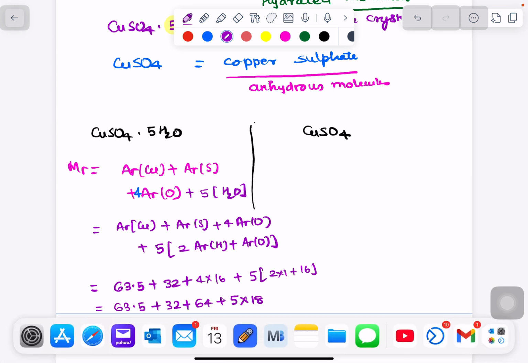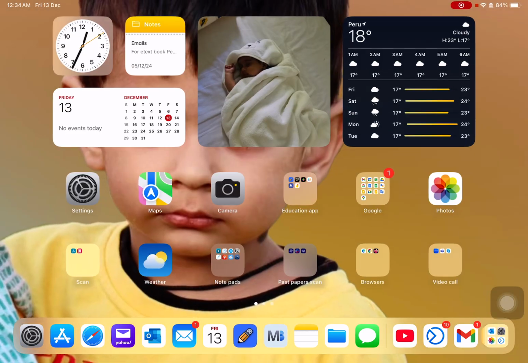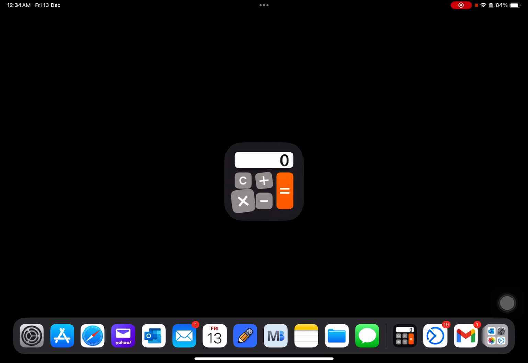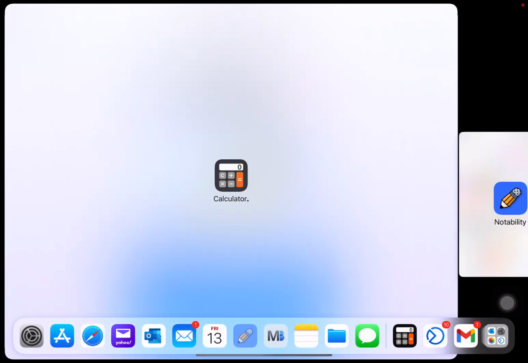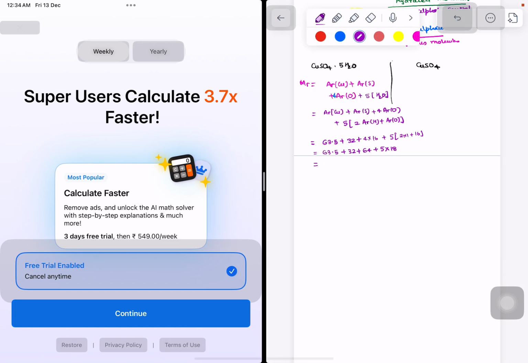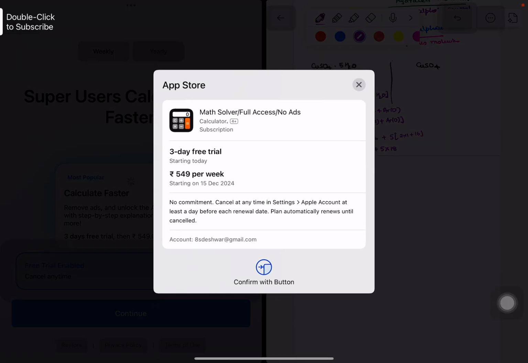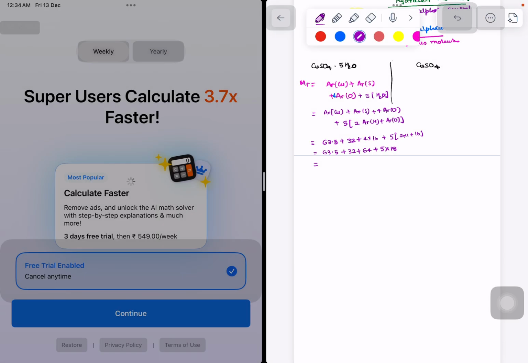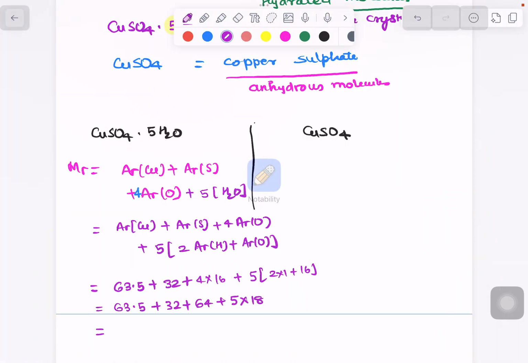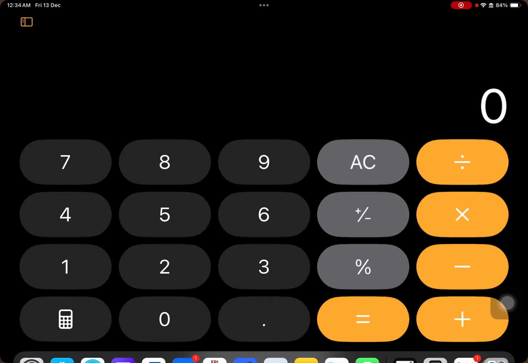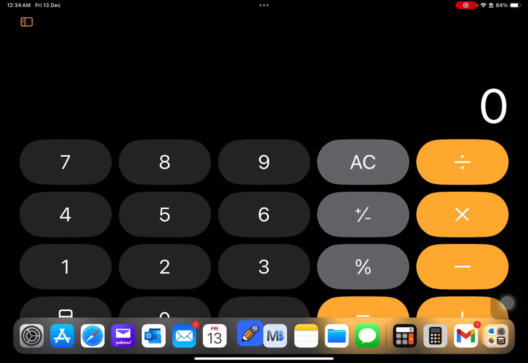Now we are going to use the calculator. So let me find the calculator. Let me close this. I think I opened a wrong calculator here. Yeah, this one is the original one.